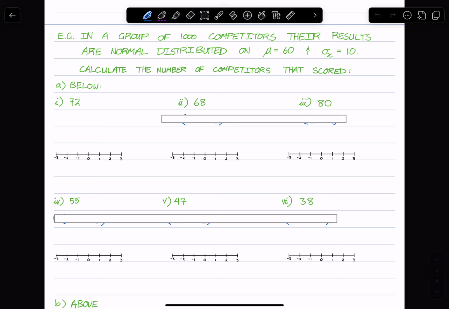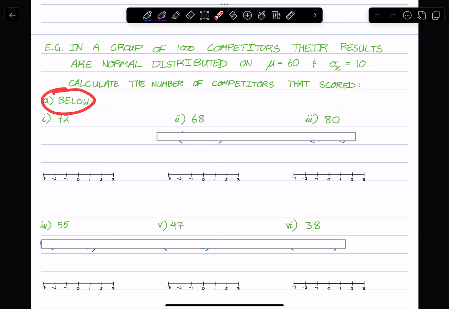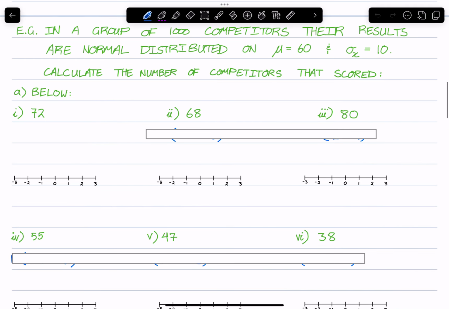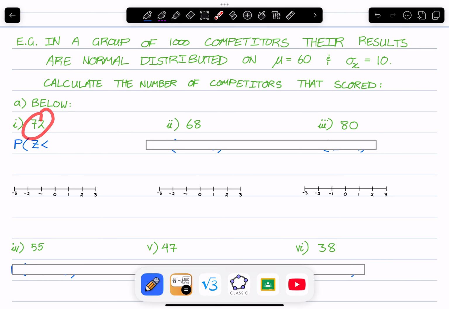In a group of 1,000 competitors, their results are normally distributed with a mean of 60 and a standard deviation of 10. Calculate the number of competitors that scored below this number here. As before, we're going to go straight into the Z equivalent of this. We need to convert this to a Z score.